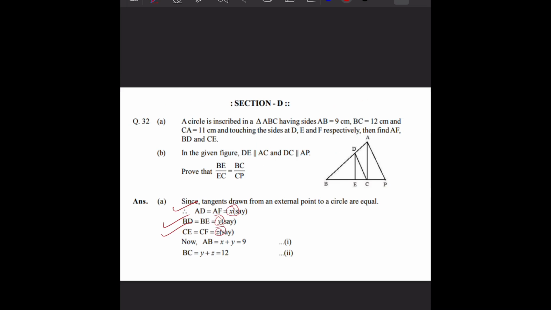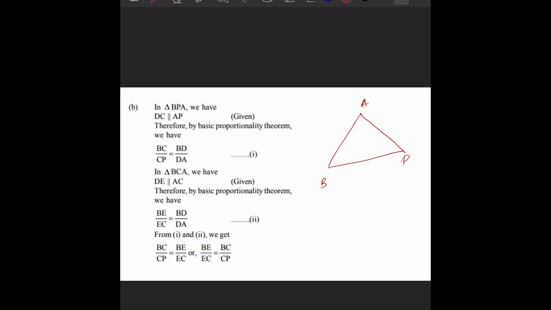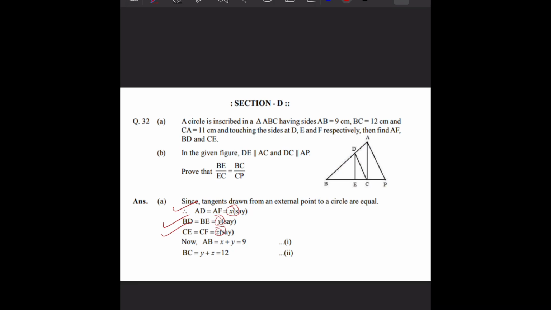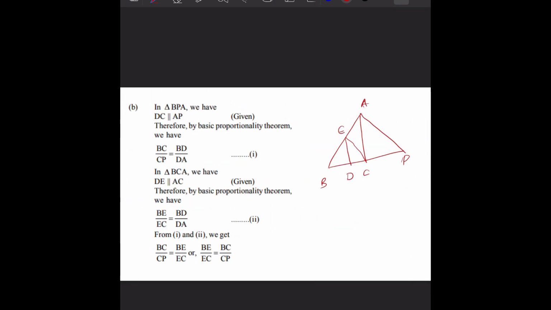DE parallel to AC. And DC parallel to AP.